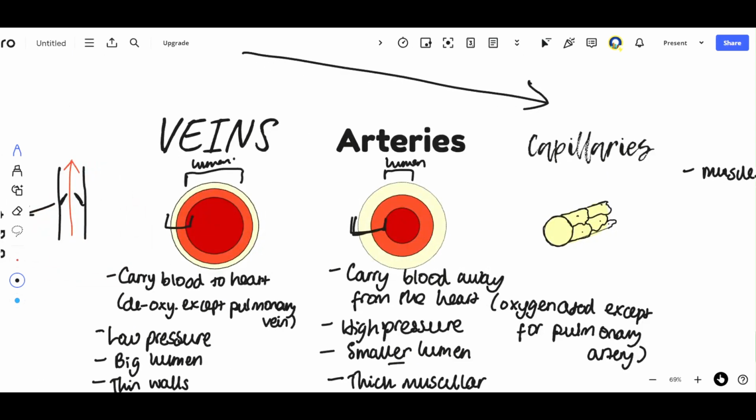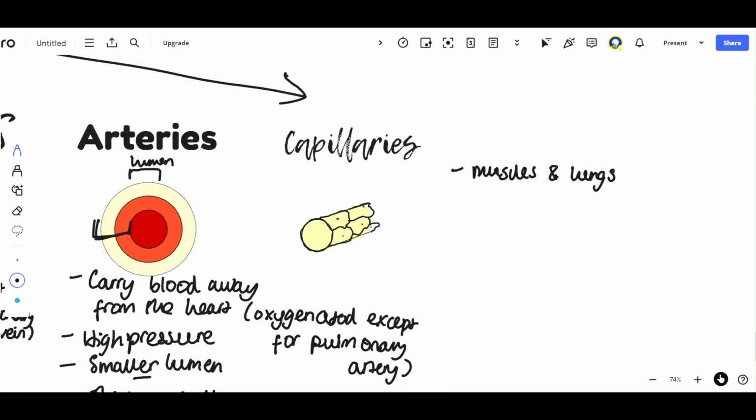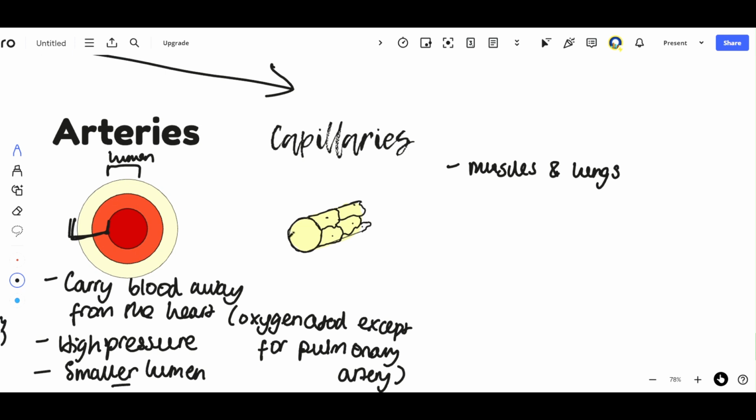This is so that when blood flows through them, they can provide nutrients to the tissues surrounding them. They are very small so that blood can directly put those nutrients into the tissues and grab all the waste material from the tissues back into the blood, and that is how capillaries work.